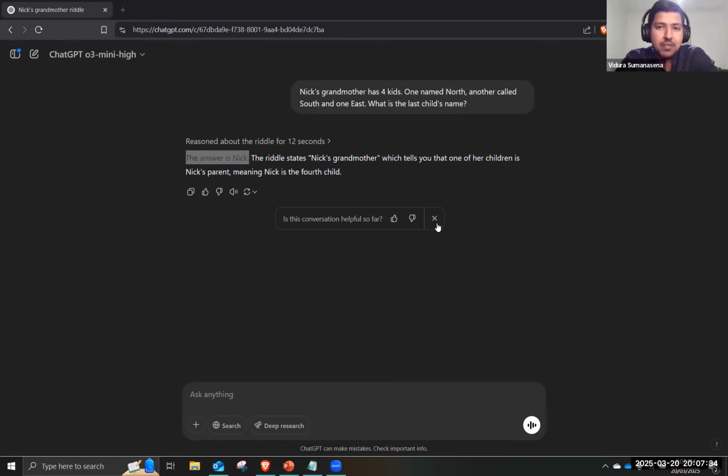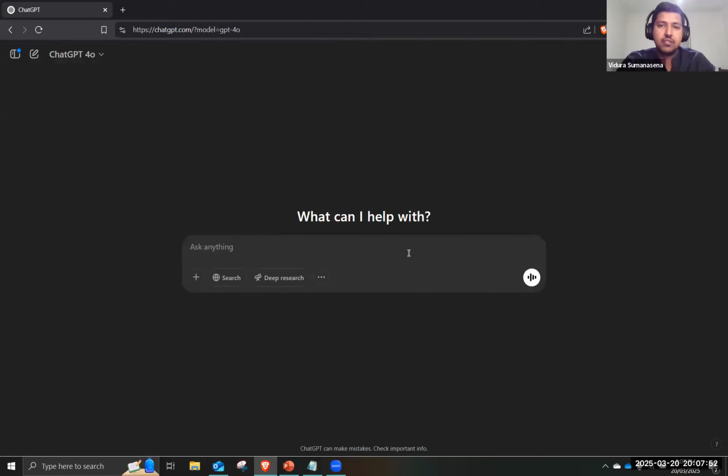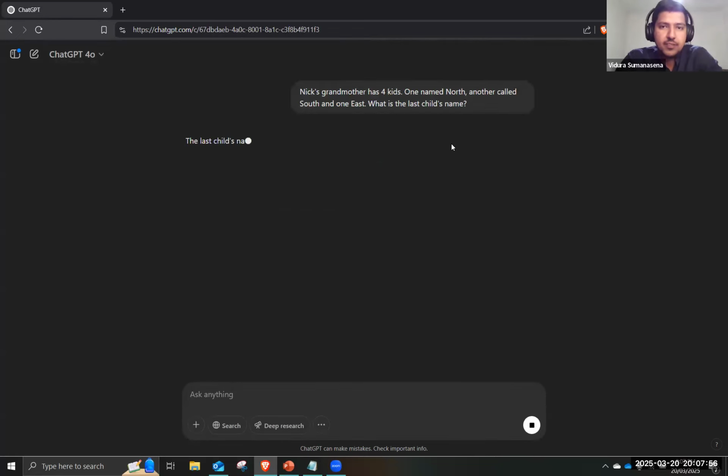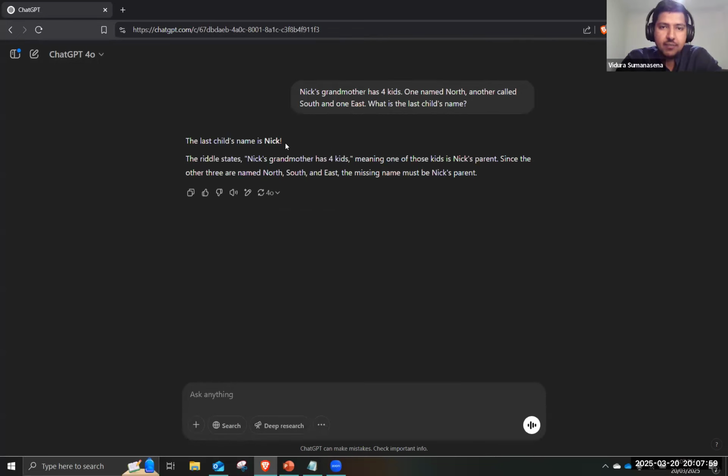DeepSeek solves it in a different way, which is very interesting as well. So you can see, with simple reasoning questions like this, even the reasoning models fail. We can try one more using GPT-4o, which is not a reasoning model. Let's see. Yeah, so again, the last child's name is Nick.